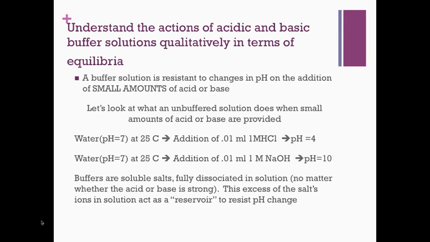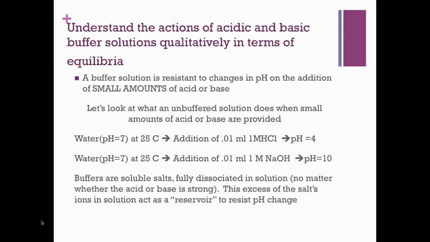If you have an unbuffered solution and you add acids and bases, you can get very significant changes very quickly. Water has a pH of 7. If you add 1/100th of a milliliter of 1 molar HCl, that water's pH goes from 7 to 4 without a buffer.